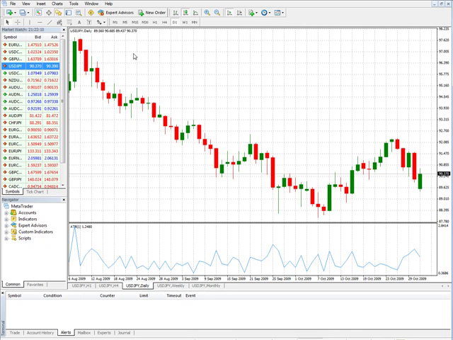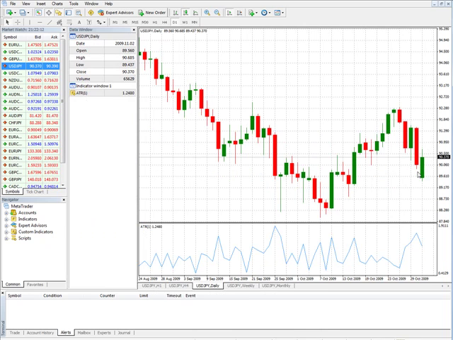Daily, let's see what things look like. Okay. Japanese yen can really get moving. Let's see any particular pattern that we may be interested in here.